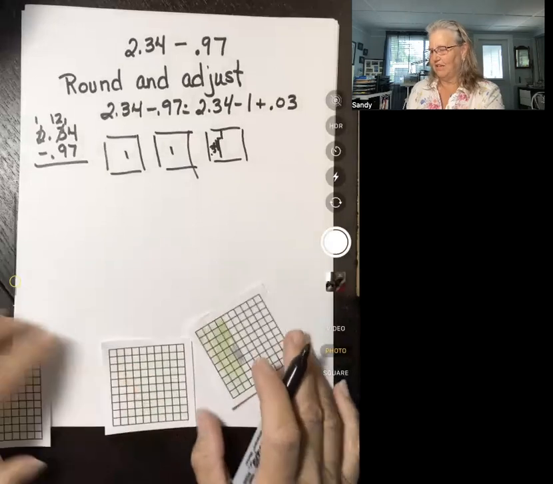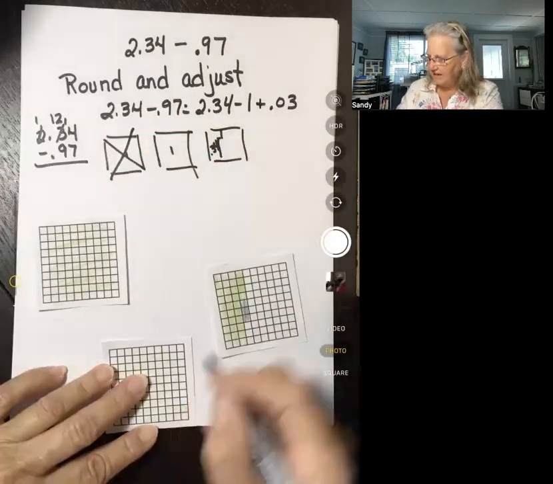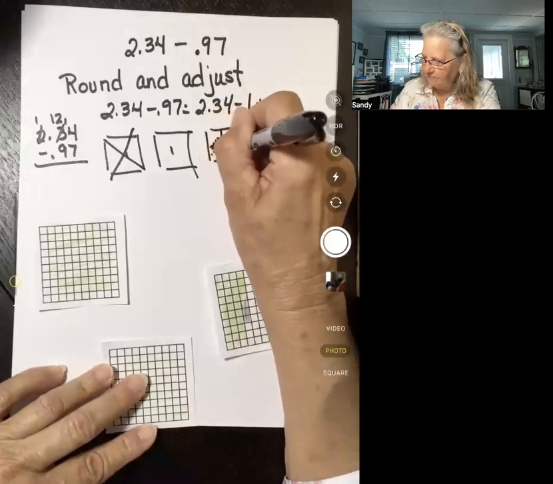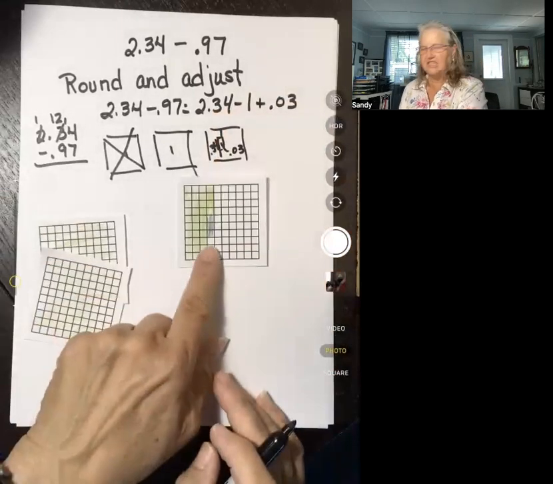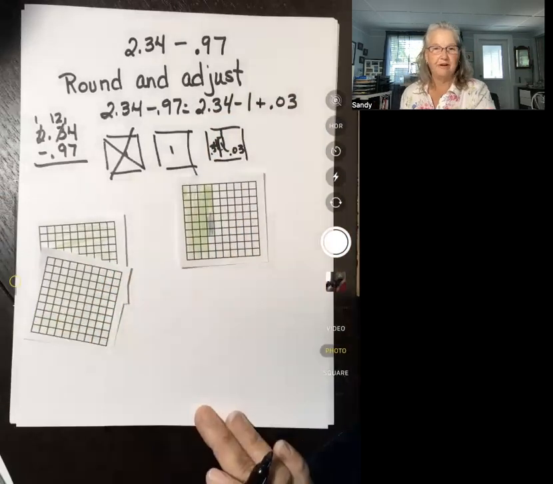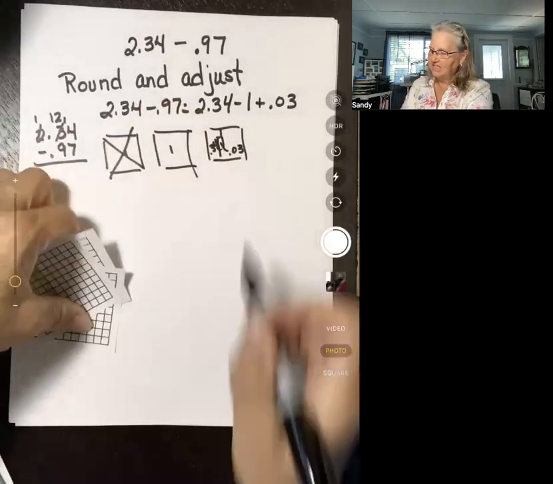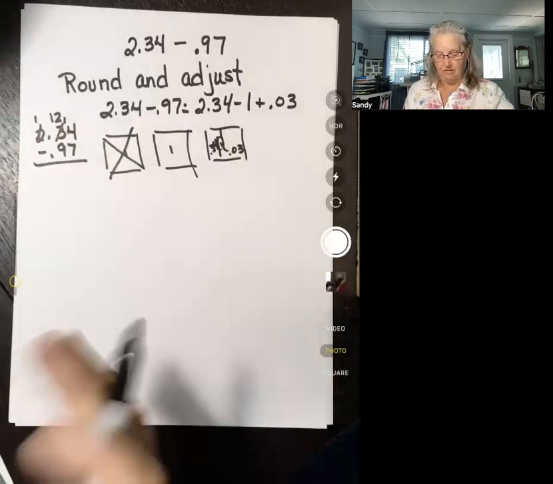And essentially what I did was I removed one of these and then I gave back 3 more hundredths. Now, wherever your child colors in, nothing says I had to color in those 3 hundredths. I could have colored in 3 hundredths wherever I wanted to. So that would work for whichever one, but essentially round and adjust: remove a whole and give the 3 hundredths back.